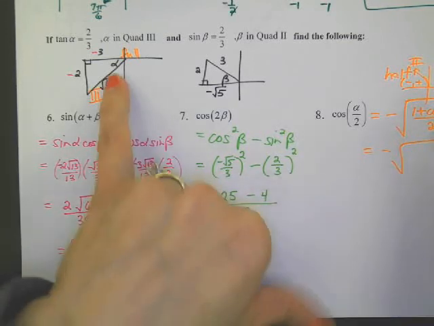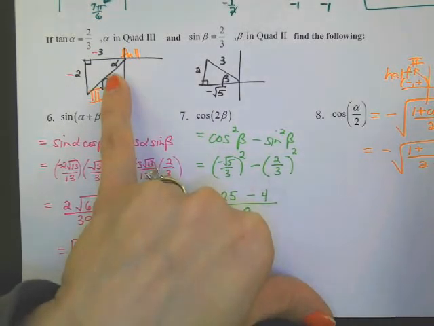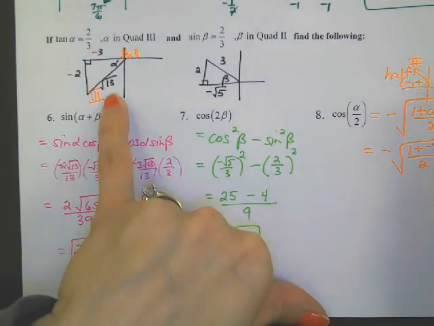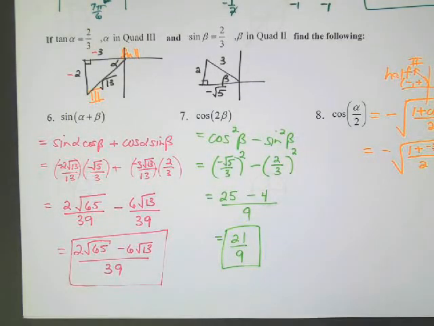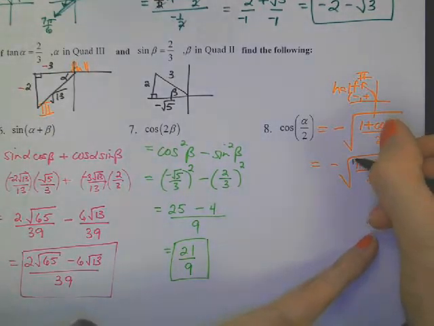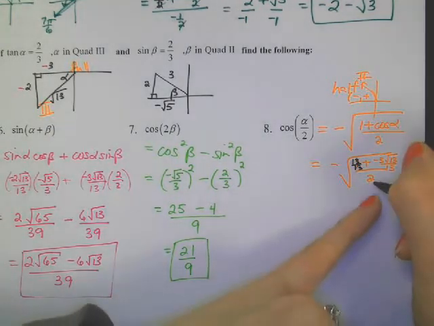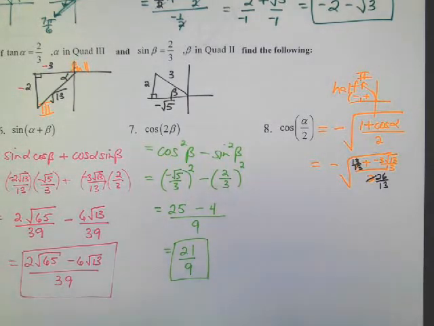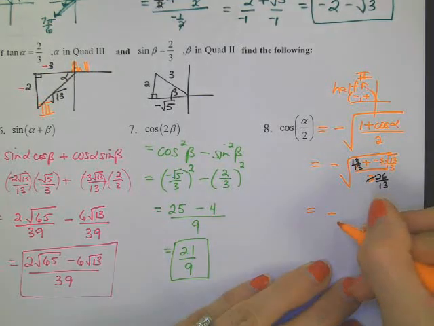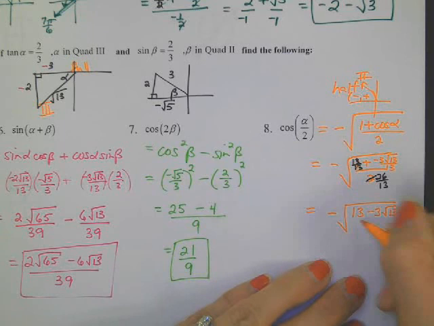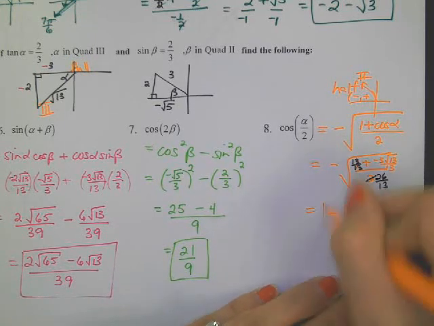And using the full alpha picture, what is the cosine? Negative 3 radical 13 over 13. So how should I write the 1? 13 over 13. And let's write this as 26 over 13. And so our final answer is the negative square root of 13 minus 3 radical 13 all over 26.